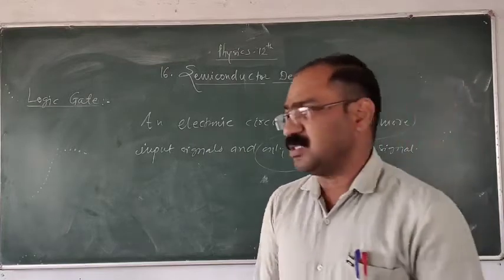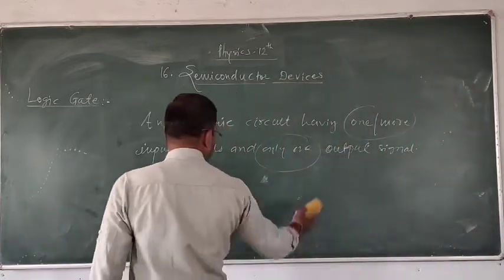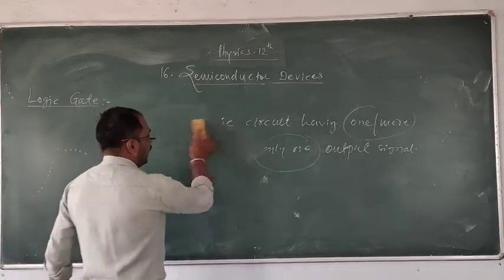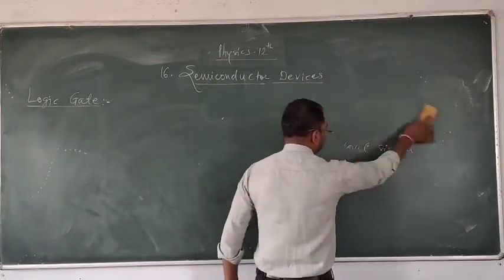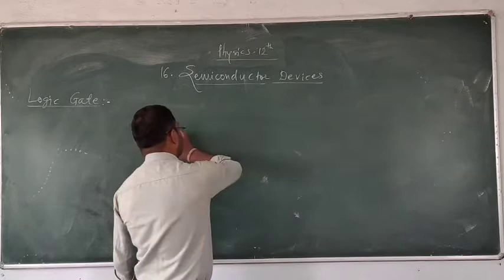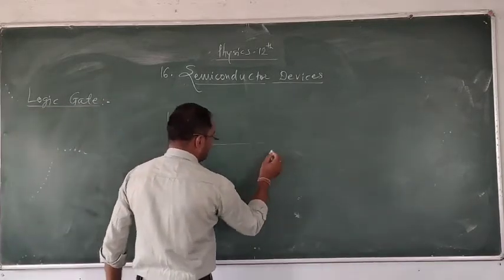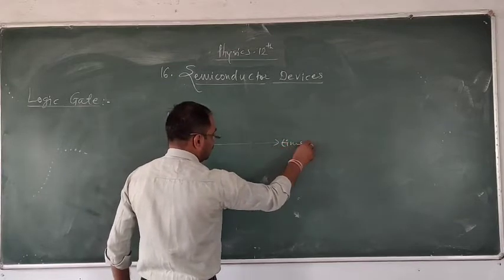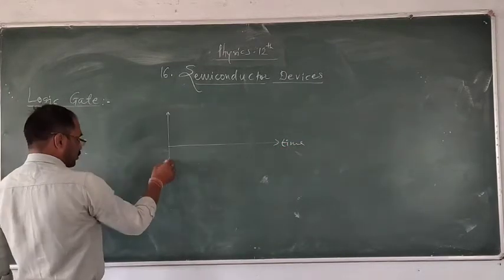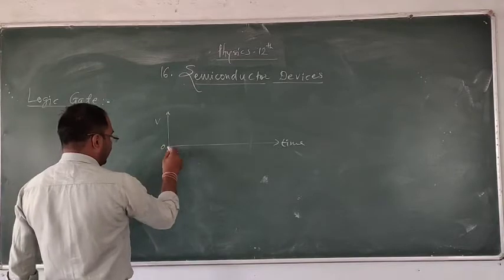But here we come across these signals, the input signal and output signal, and there are two types of signals. Earlier we have seen the AC signal, that is the time varying signal. This is the 0, this is the voltage.